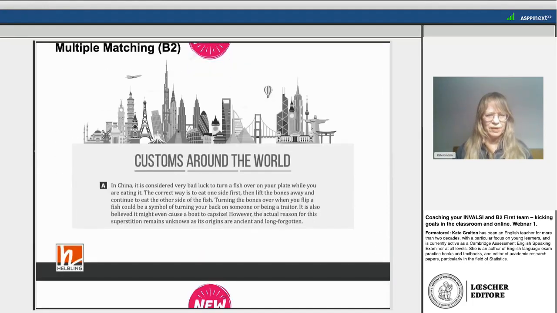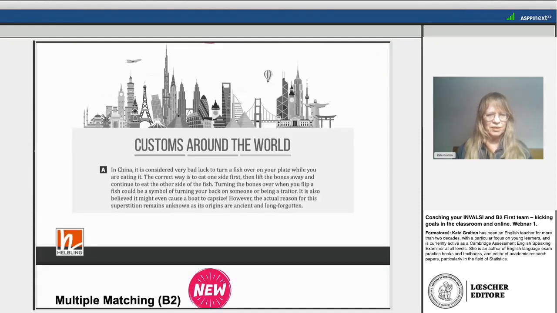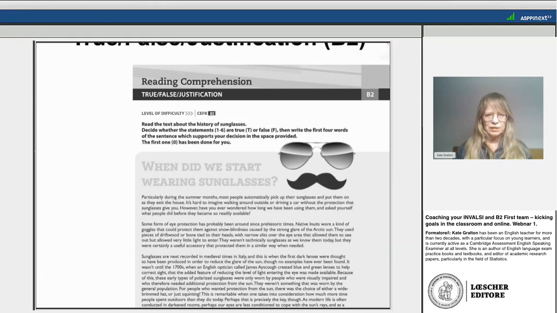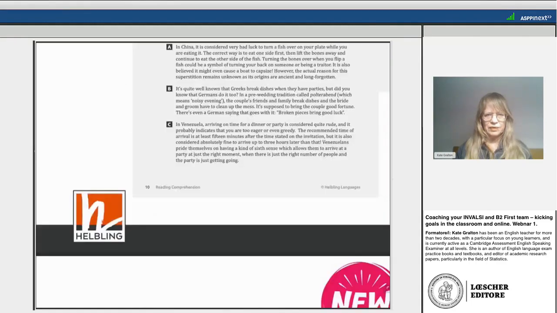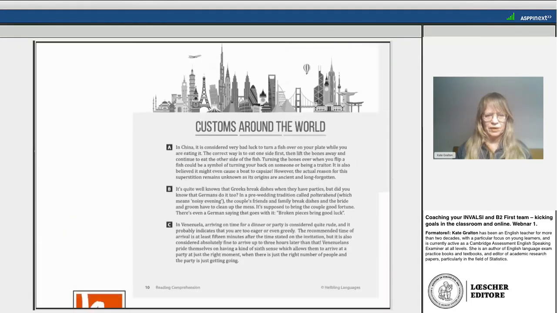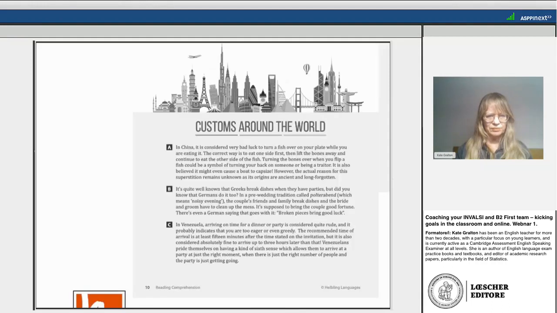So here we have, can we read that? I'll just make this one a little bit bigger. Oh dear, sorry. Okay. So make it a bit bigger. No, that's now too big. Okay.